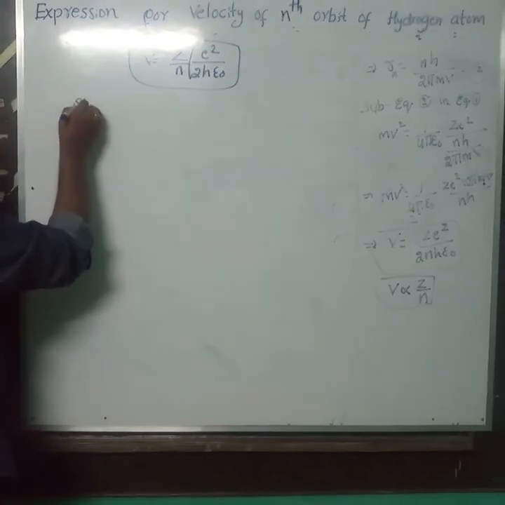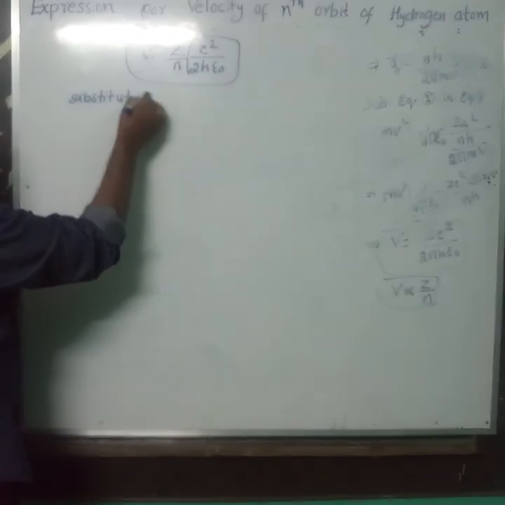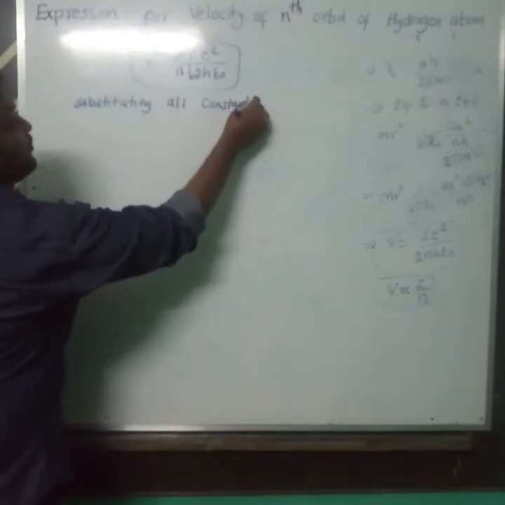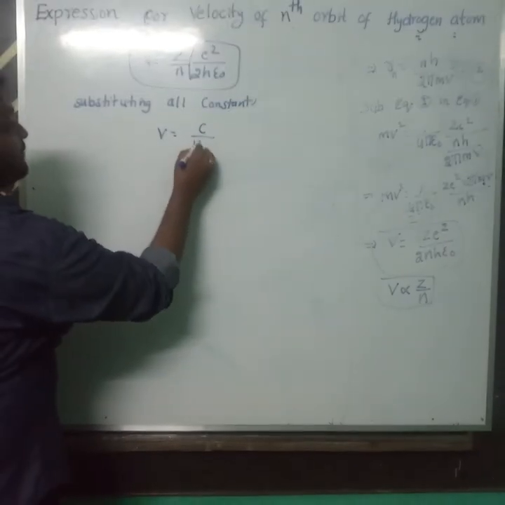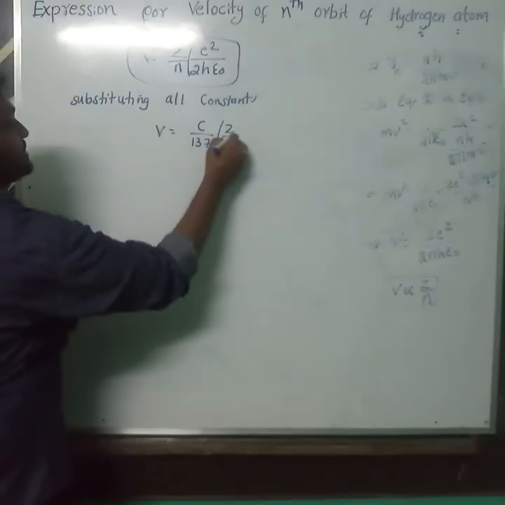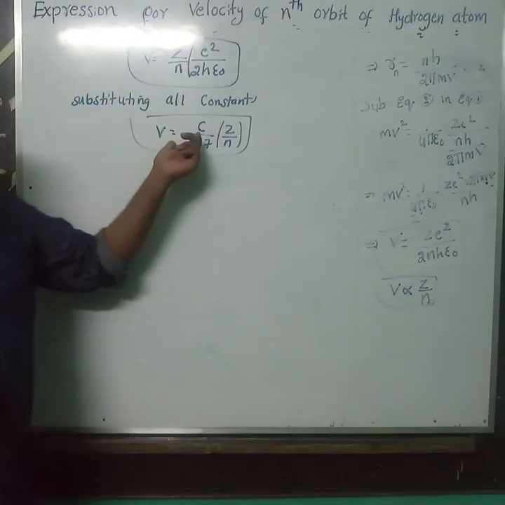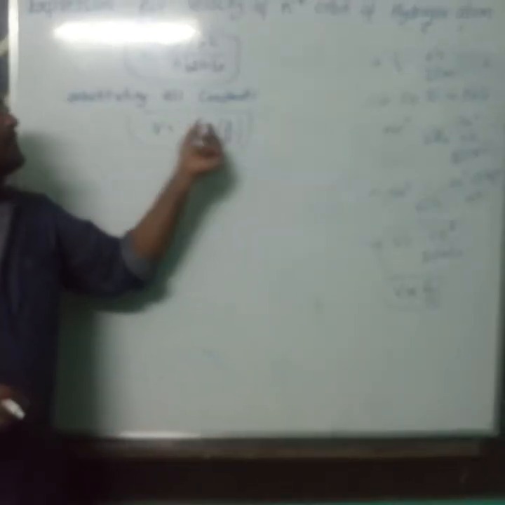So substituting all constants, what do you get? V is equal to c by 137 into Z by n. So this is the expression for the velocity of the nth orbit of any atom that we can calculate.